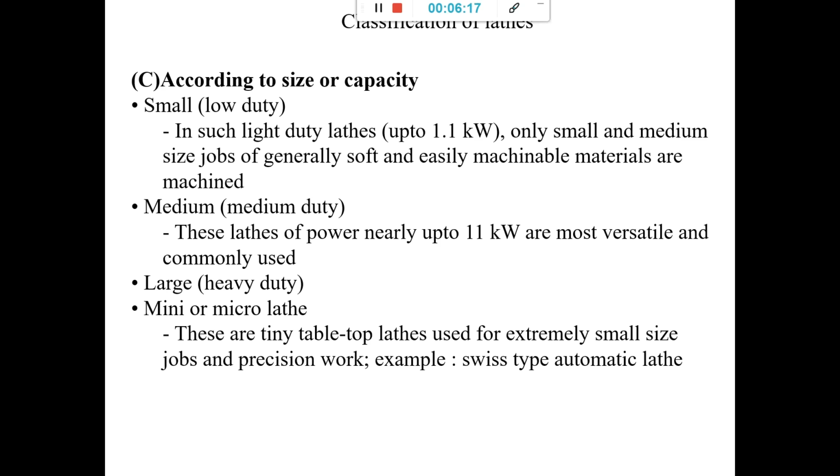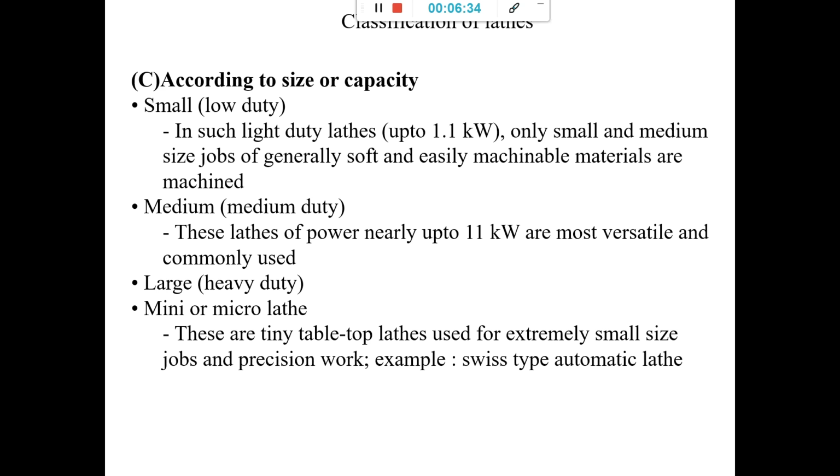Next, medium size or medium duty lathes. These are lathes of power nearly up to 11 kilowatt, and are the most versatile and commonly used.